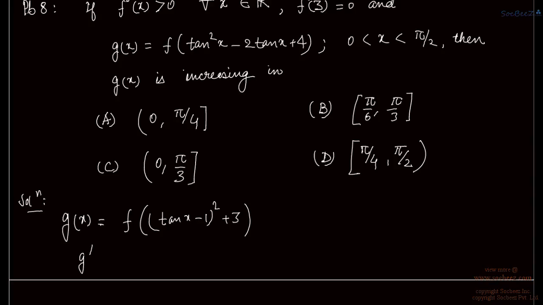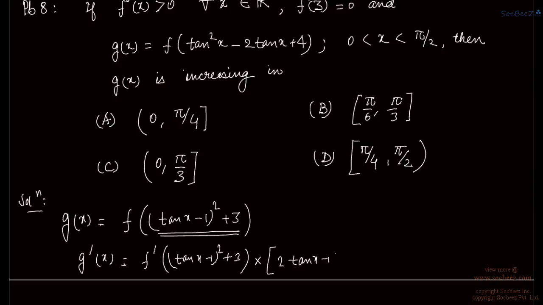So if we check for g dash x, we will be getting f dash of (tan x minus 1) square plus 3, into the differentiation of the inside quantity, which is 2 times (tan x minus 1) into sec square x. So if g(x) is increasing, then g dash x must be greater than 0.